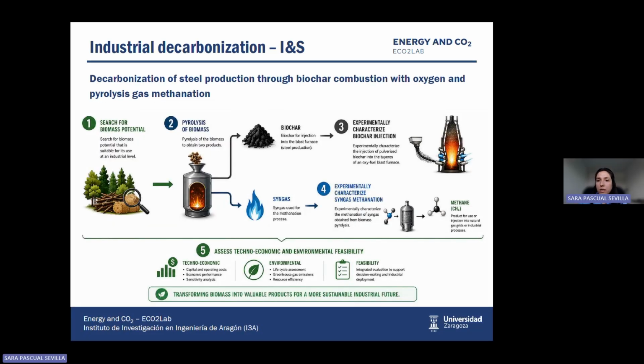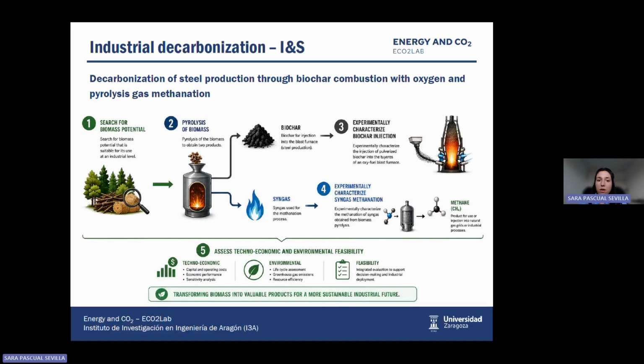And then another project is this one: the decarbonisation of the steel production through biochar combustion with oxygen and pyrolysis gas methanation. The first point of this project is to select the suitable biomass for industrial demand. Then via pyrolysis, this biomass is converted to energy products, that is biochar and syngas.